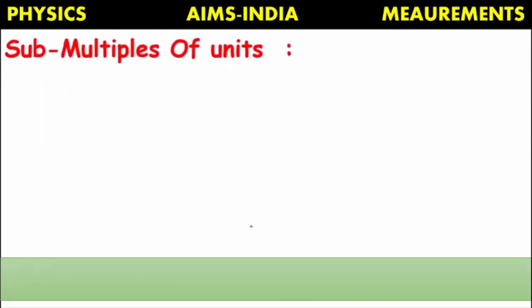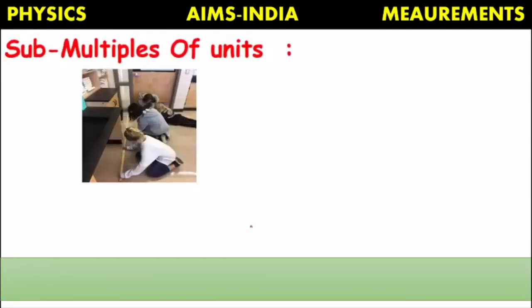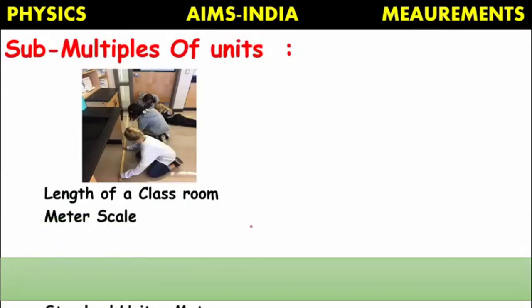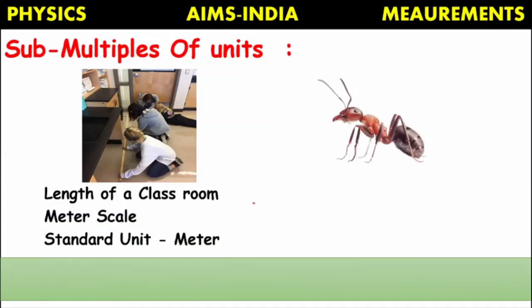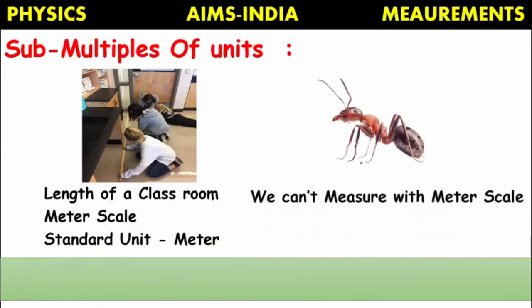Next, submultiples of units. Suppose the length of a classroom we can measure with a meter scale, that we have discussed already. Suppose I want to measure the length of an ant, a small insect. We can't measure it with a meter scale because its length is very small compared to the meter scale.